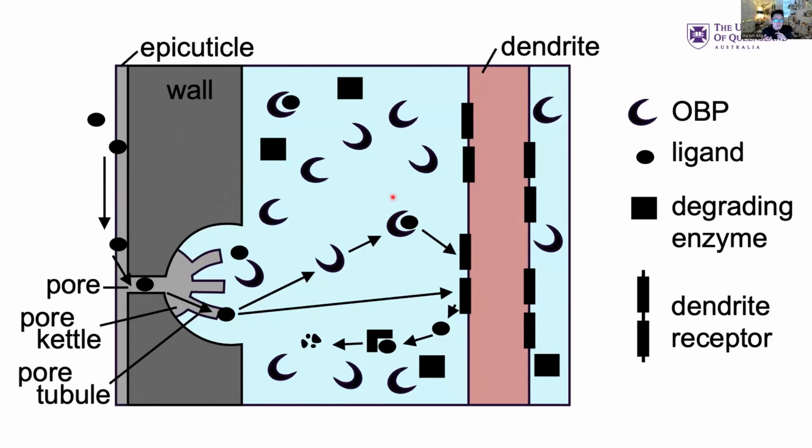In doing so, they influence which odorants ultimately reach the dendrite receptors, or what we call the sensory dendrite. So these dendrite receptors, you can see here, they are bound to the dendrite itself, right? They are embedded in the membrane of the dendrite. They are sometimes called odorant receptors, ORs, but that's generic.